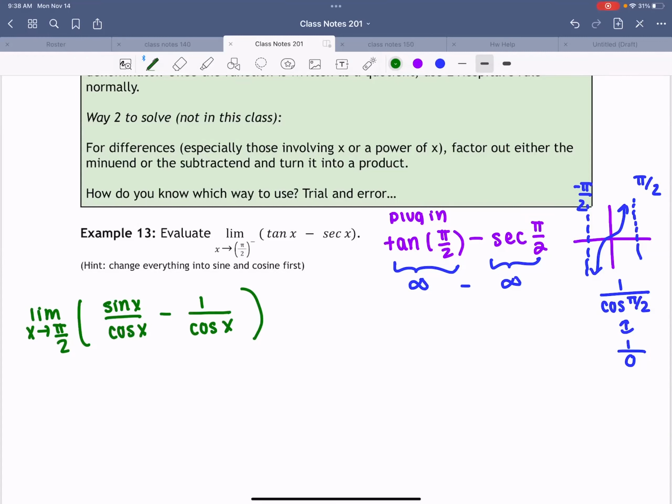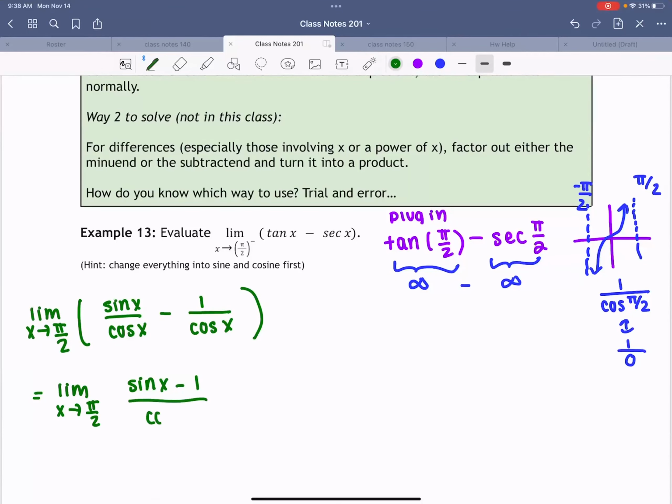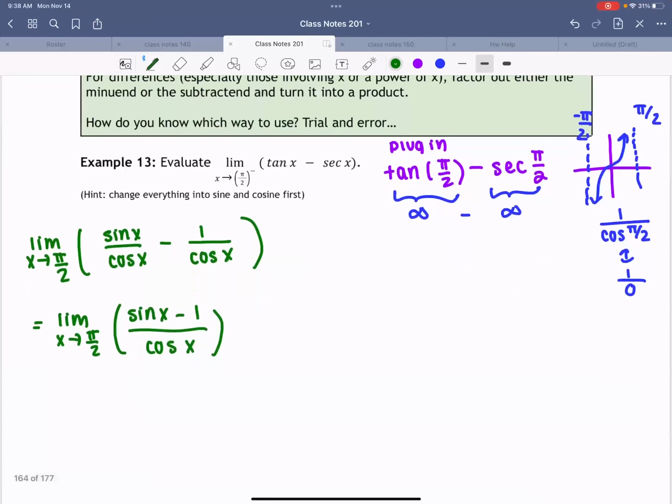Any questions so far? All right. Well, looks like our denominators actually match, so we don't need to find a common denominator. We can just subtract the two numerators, and this becomes sine x minus 1 over cosine x. Okay, so we have a big fraction. What's our next step?